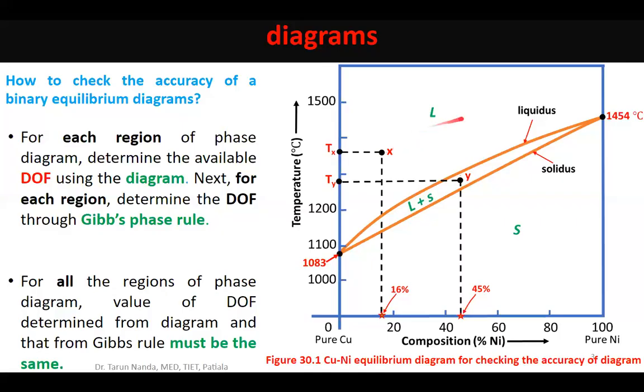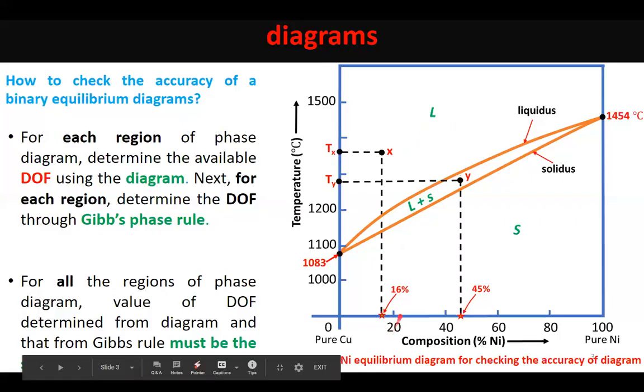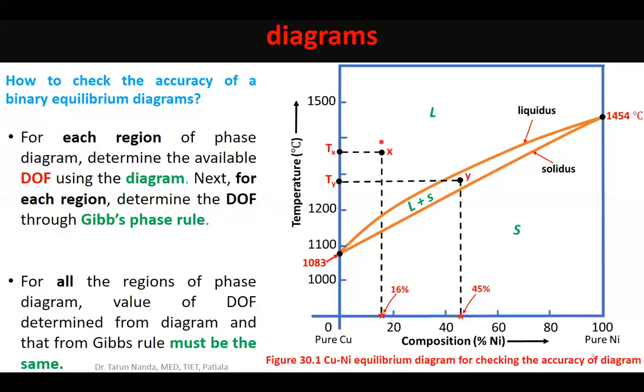What is the chemical composition of that liquid solution? It's 16% nickel. Even when I change the value of temperature and go to a higher temperature, you see still the same liquid solution is existing and still its chemical composition is 16%. So composition does not remain dependent on temperature. So it is also a degree of freedom.